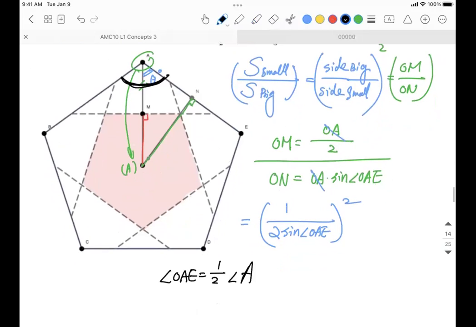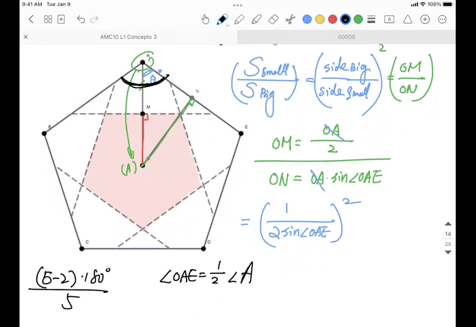But this is a regular pentagon. Do you still remember how you can determine the interior angle? (5 minus 2) times 180 divided by 5. This is what we introduced at the very beginning, right?